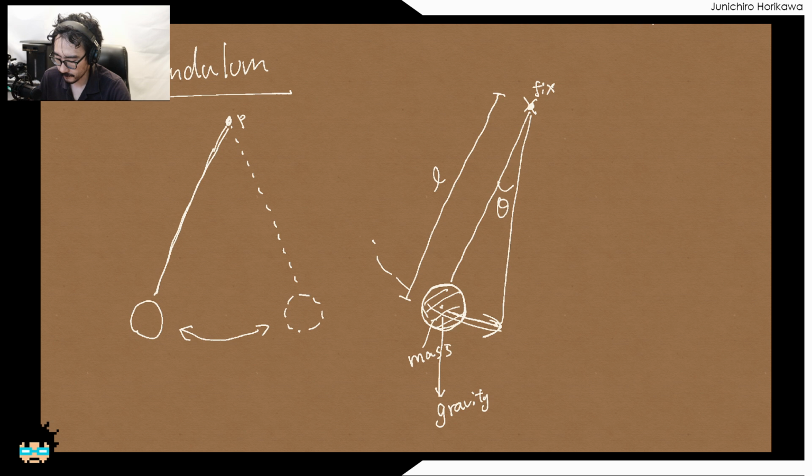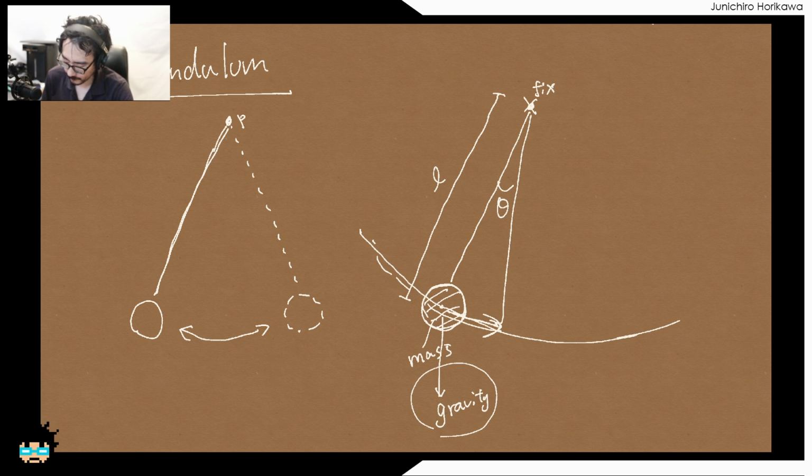Now the direction this object moves always has to be on top of this arc, okay? Meaning it's using its gravity to have this directional value which is on top of this arc.